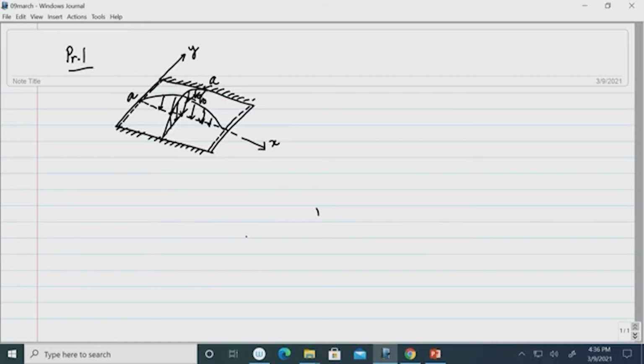So, in the two directions load is sinusoidal, that means the load function can be written as q(x, y) = q naught sin(pi x by a) sin(pi y by a), because it is a square plate. So, the dimension of the plate is a by a.